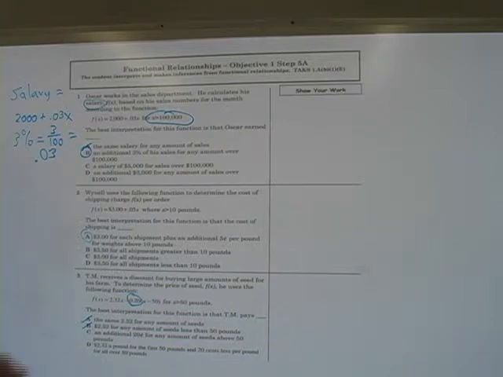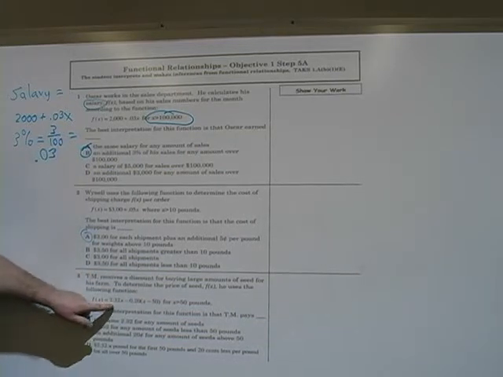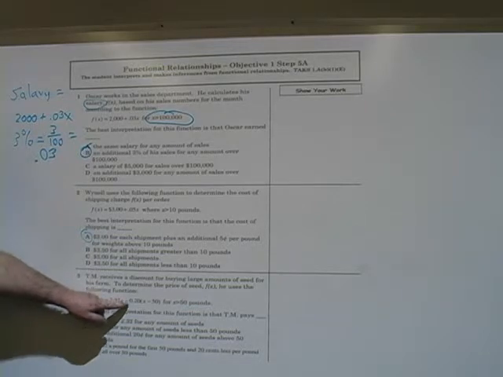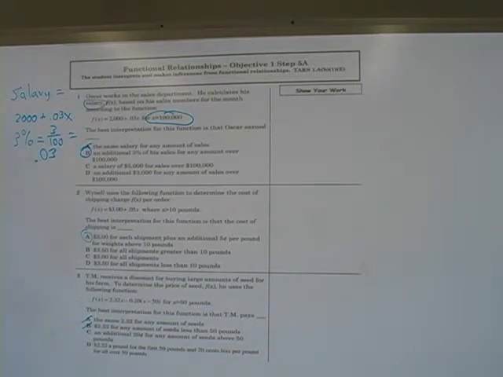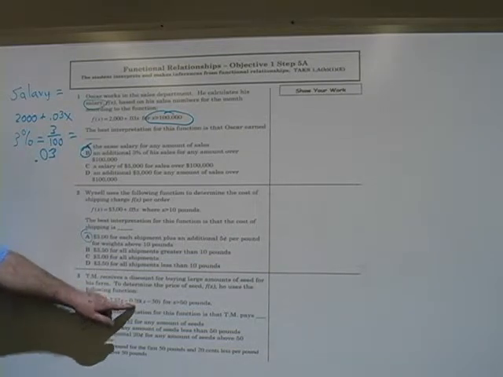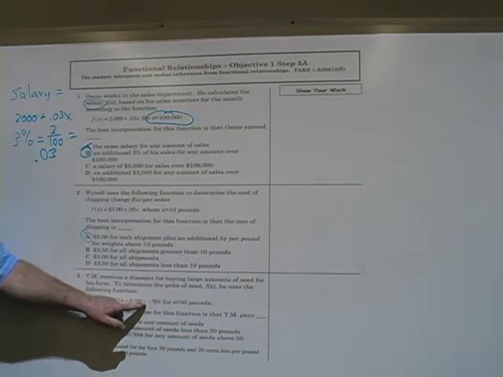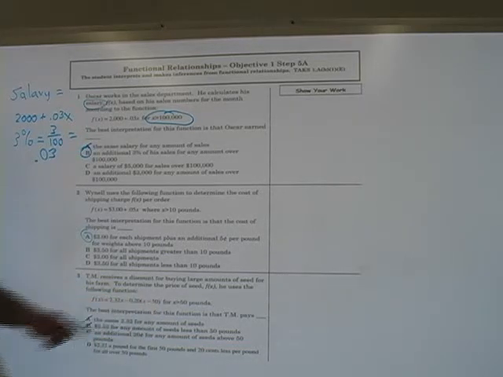Look at what they're doing here. It starts out at 232, but then what happens here? They're going to subtract something. Looks like they're going to subtract 20 cents for each pound that's over 50. That's what that x minus 50 means.